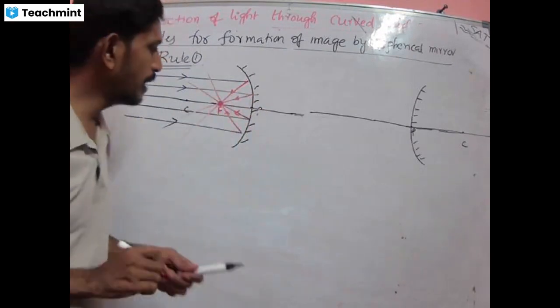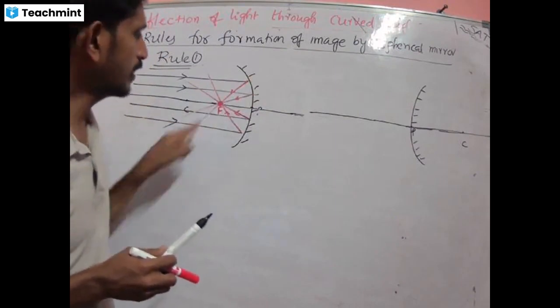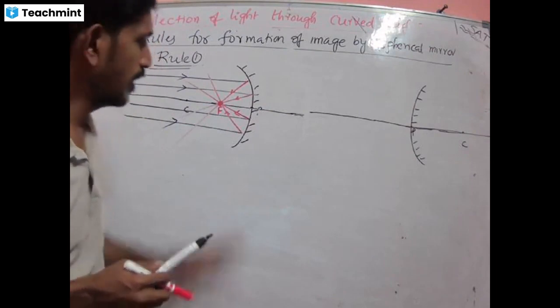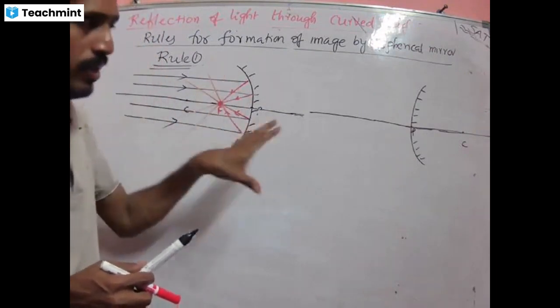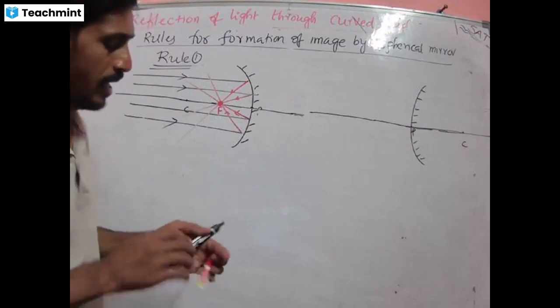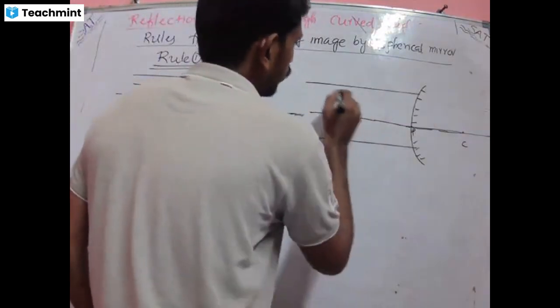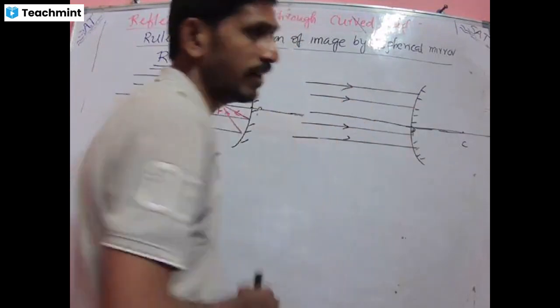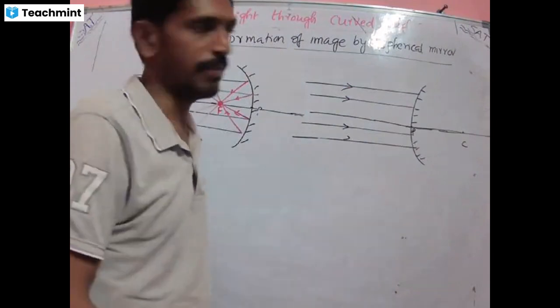Once again, a beam of rays which are parallel to the principal axis, after reflection, they pass through the principal focus. That is rule number 1 if it is a concave mirror. What about the convex mirror? Again, take a beam of rays which are parallel to the principal axis. After reflection, they diverge. They appear to diverge from a point.